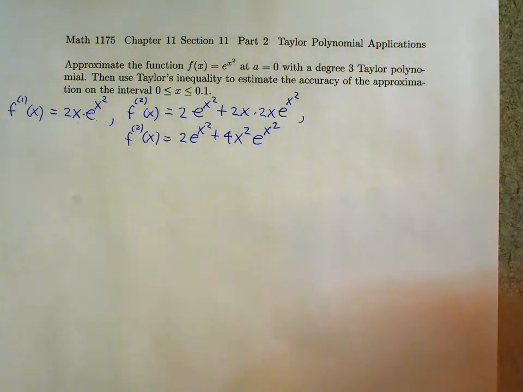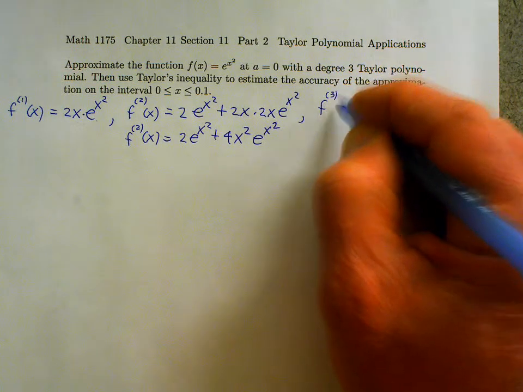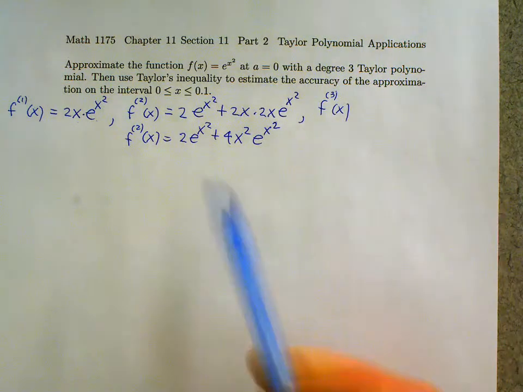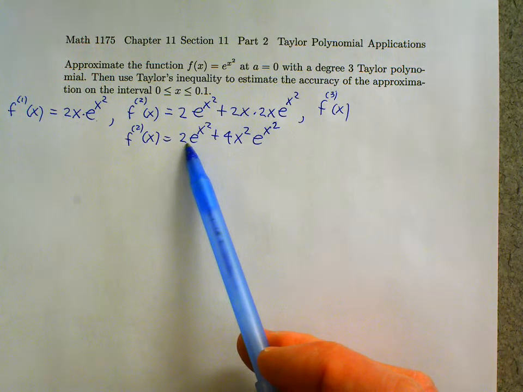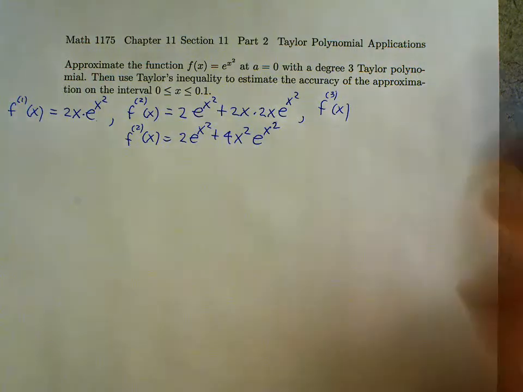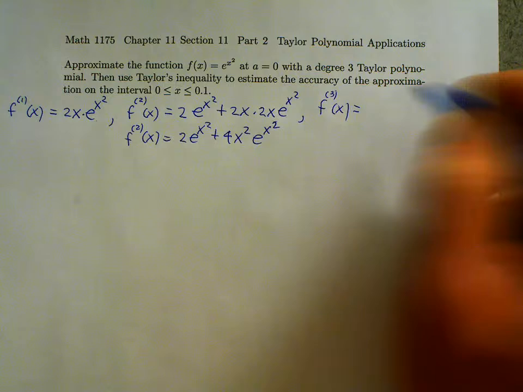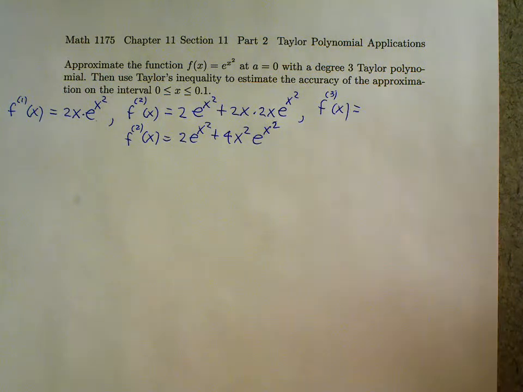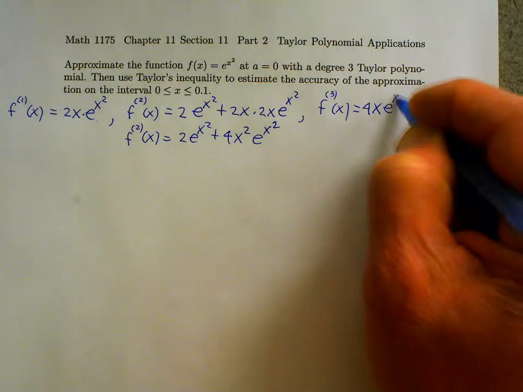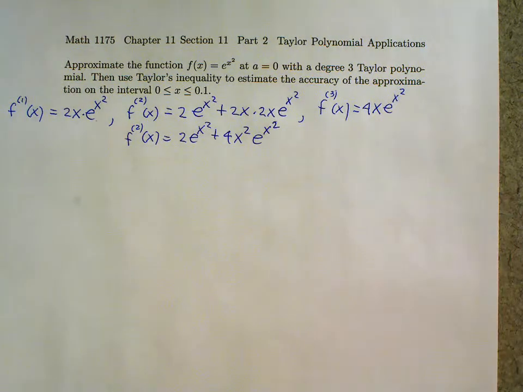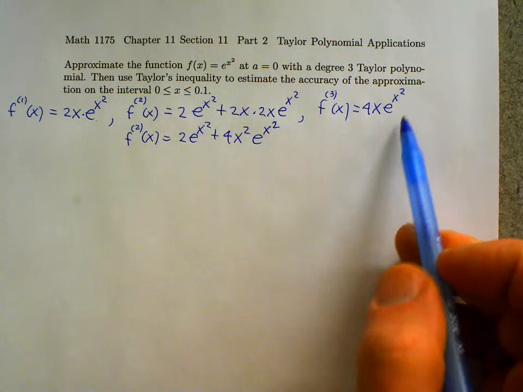Okay, then the third derivative. First we find the derivative of 2 times e to the x squared. So that will be 2 times 2x times e to the x squared, or 4x times e to the x squared. I didn't leave myself a lot of space.